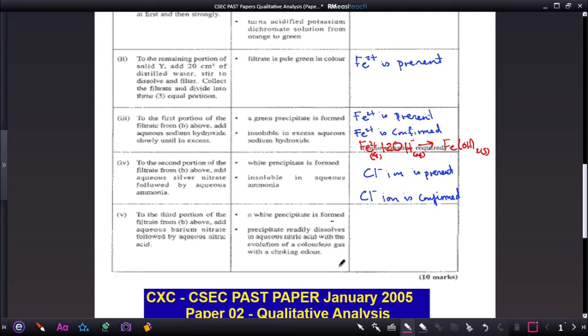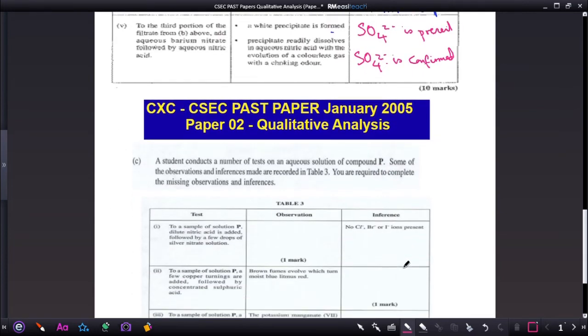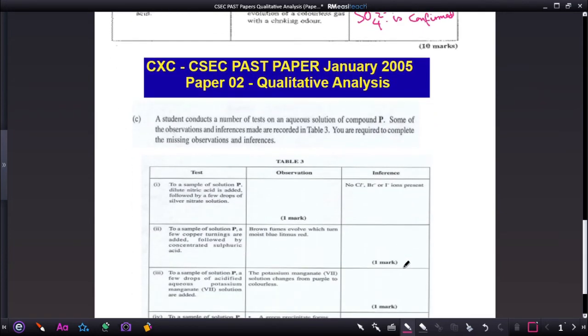So that confirms the presence of the sulfate ion. So SO4 2- is present, and for this part of it, SO4 2- is confirmed based on the fact that sulfur dioxide was produced. Okay, so on to the next part of the question.